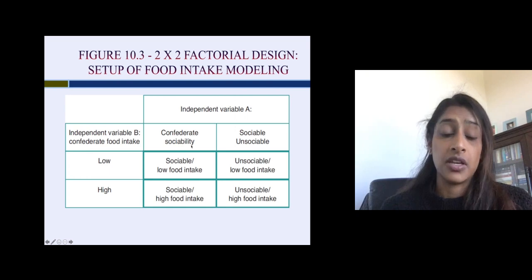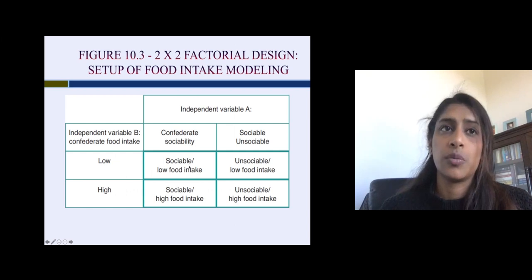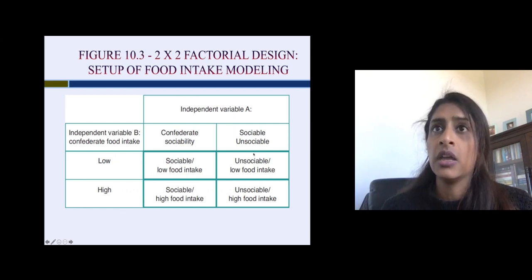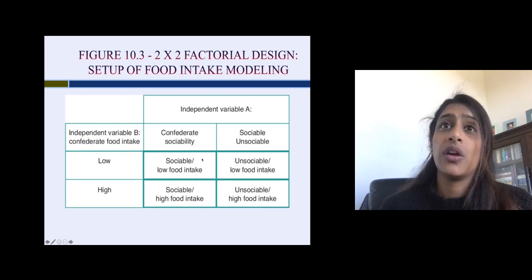Here we have a social person or an unsocial person. And this is where we get each of our groups: a social person modeled with low food intake, a social person with high, an unsocial person with low, an unsocial person with high.